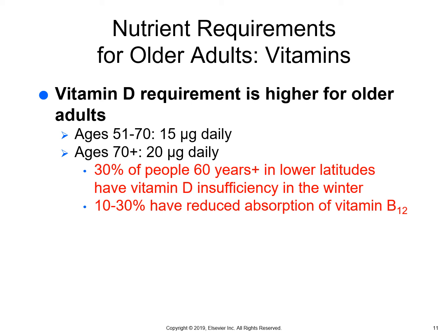And then also 10 to 30% have a reduced absorption through their skin. 10 to 30% have reduced absorption of vitamin B12 due to the achlorhydria in their gut. But vitamin D, our skin does not produce it from the sunlight like it did when we were younger. So as we get older, our skin isn't as efficient at making that vitamin D for us.